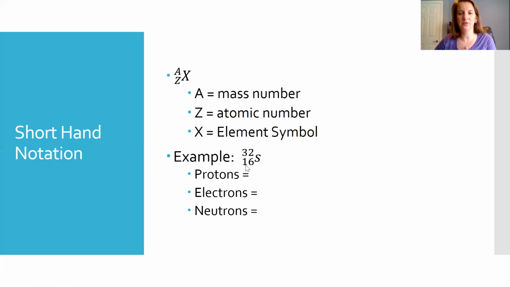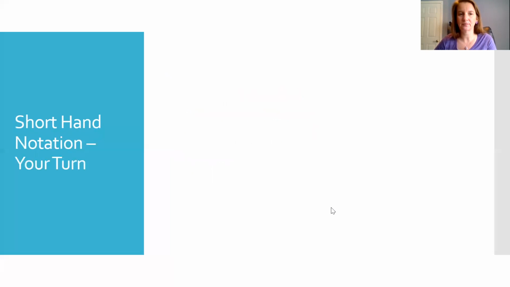So if we have 32 16 S, well, the atomic number is here at the bottom, so we know that the protons are 16. The electrons in neutral atoms are equal to the protons, so the electrons have to be 16 as well. And then the neutrons are going to be the mass number on top minus the atomic number on the bottom, so our neutrons are going to be 16 as well.